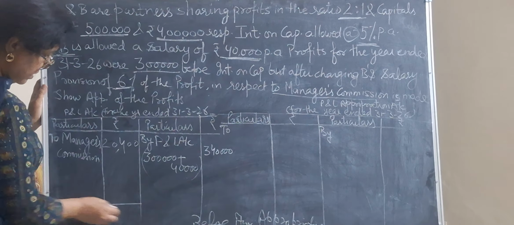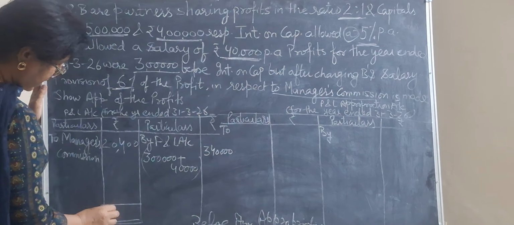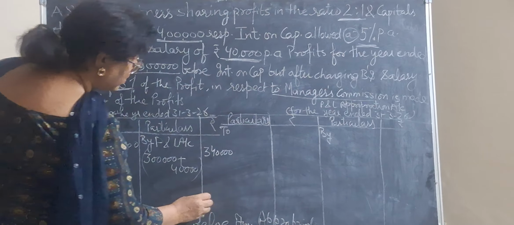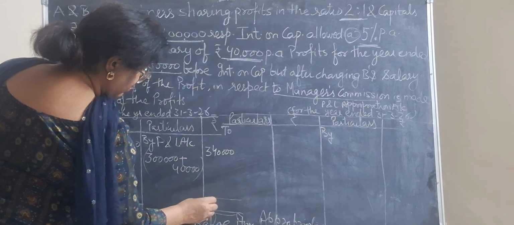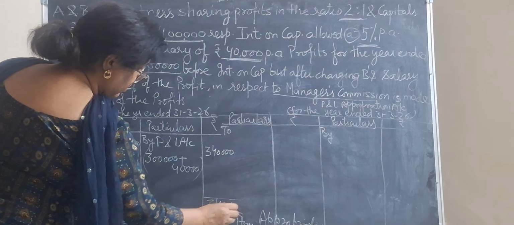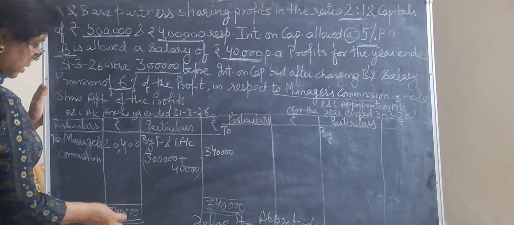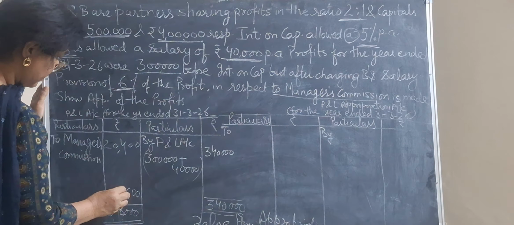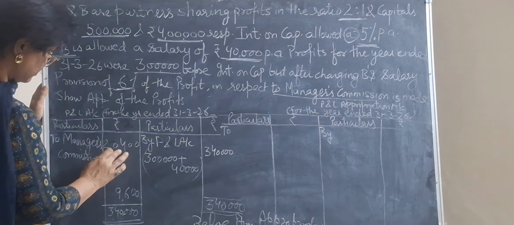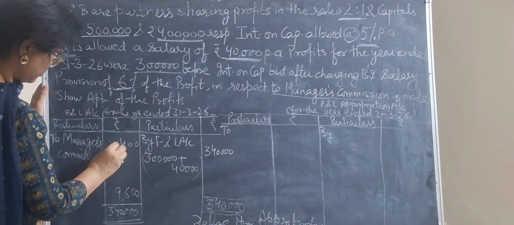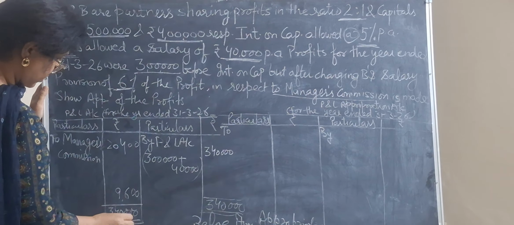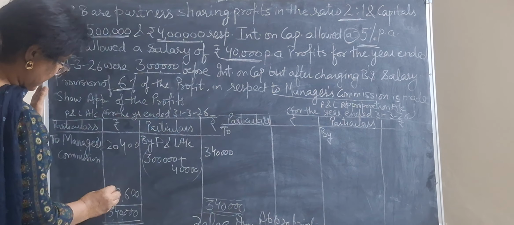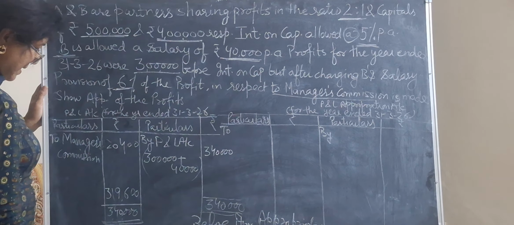Now subtract it: 3,40,000 minus 20,400 comes out to be 3,19,600.